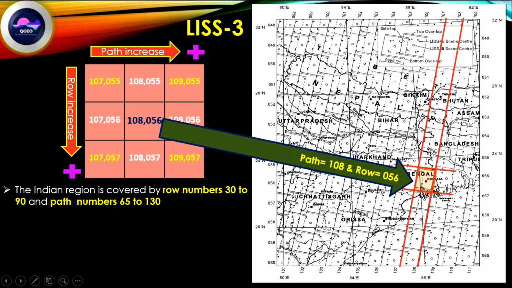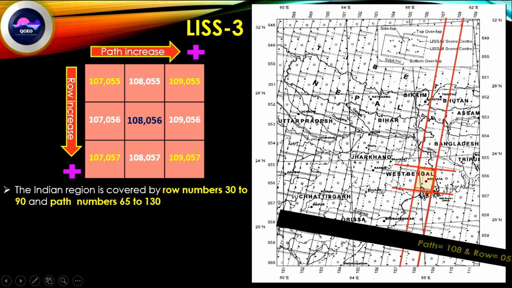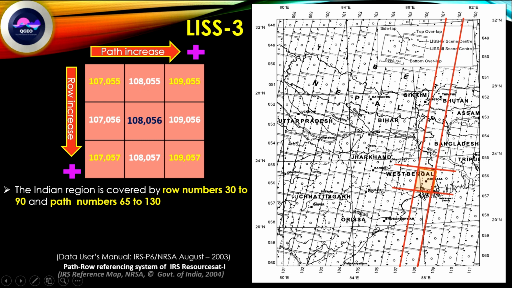In this way we can calculate the path number and row number of a particular point, and then we proceed for acquisition of data. The total information has been taken from Data User Manual IRS 6 NRSA August 2003.